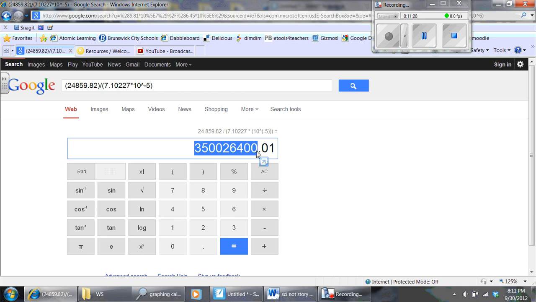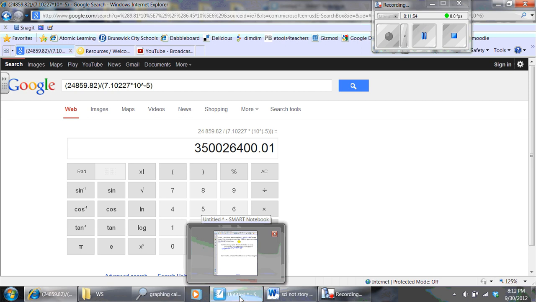It's a hundredth of a mile, but you could always up this by 1. If I put my commas in here, it looks like there's going to be 350,026,400 iPod 4S's to wrap all the way around the Earth.